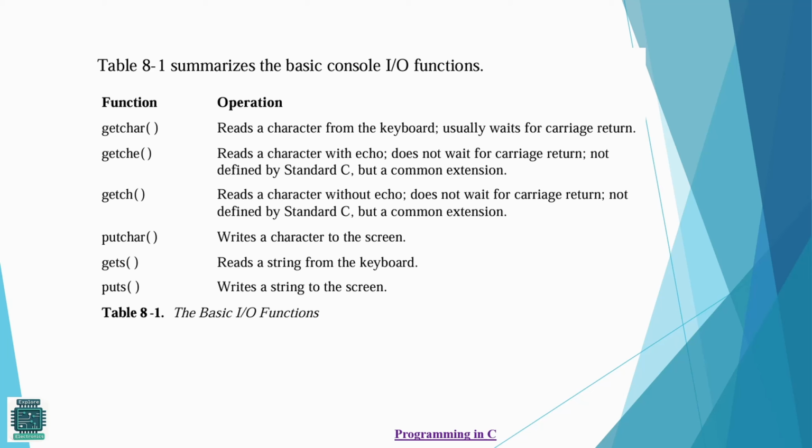Now here you can see a summary of the basic console IO functions: getchar, getche, and getch. Here are the function names and what operation each does. getchar reads a character from the keyboard but usually waits for a carriage return, that is, pressing enter. getche reads a character with echo, echo meaning display, and it does not wait for a carriage return.